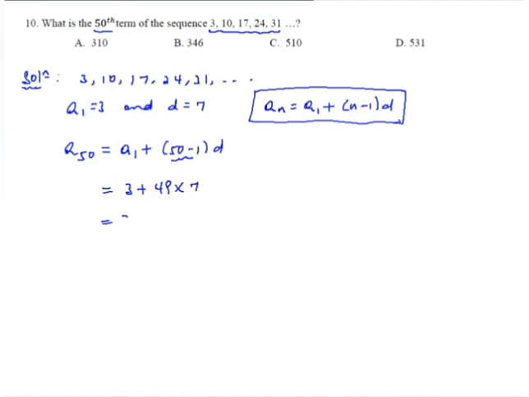This becomes 3 plus 49 times 7. 49 times 7 is 343. So this result becomes 346. So this will be the 50th term in this sequence. So our answer will be B.